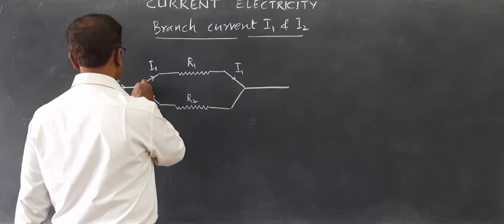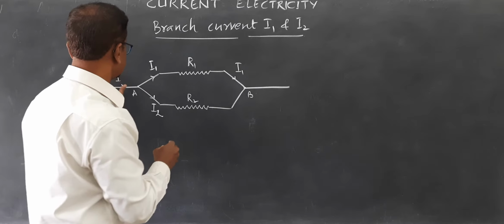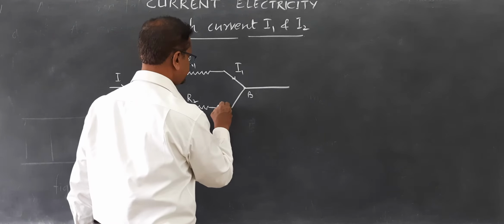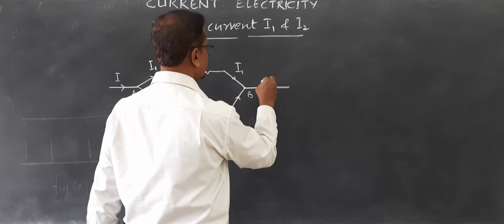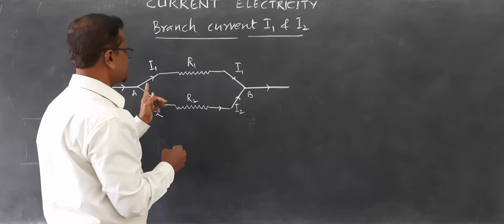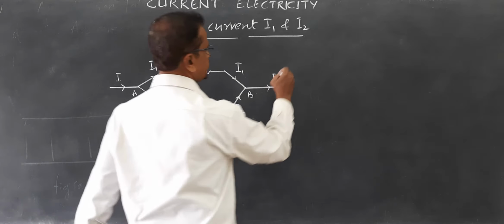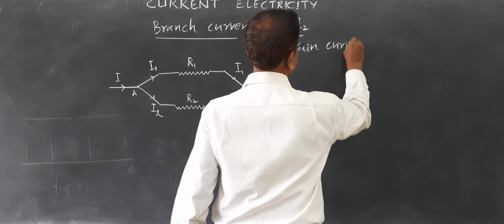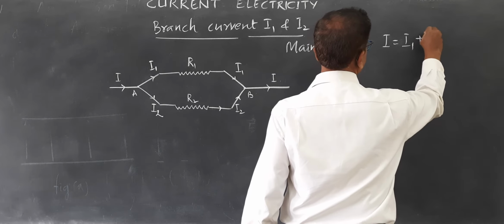You can say this is point A, this is point B. And the current I2, that is the remaining current I minus I1, passes through R2 and again meets the junction B, so that the total current I is equal to I1 plus I2. Main current I is equal to I1 plus I2.